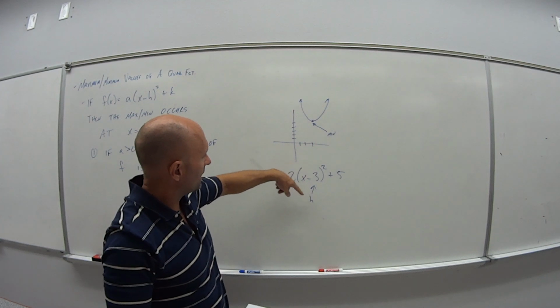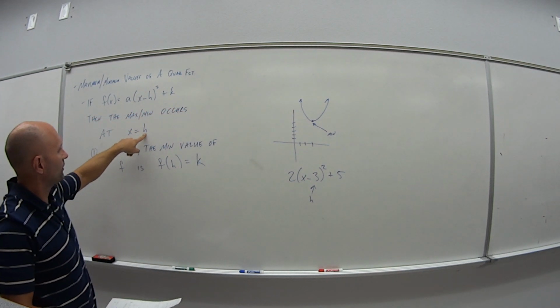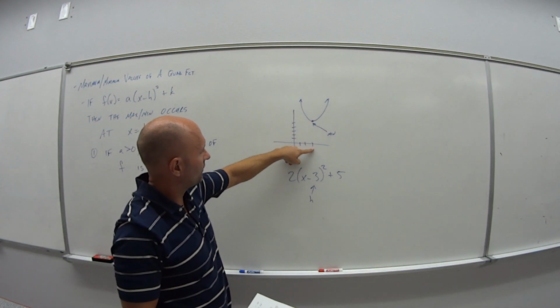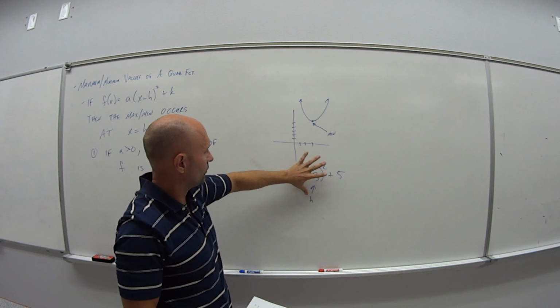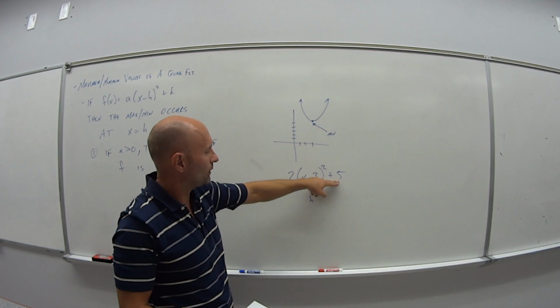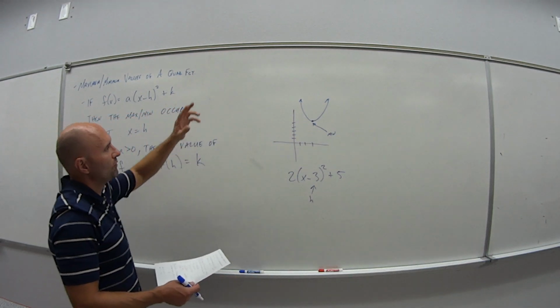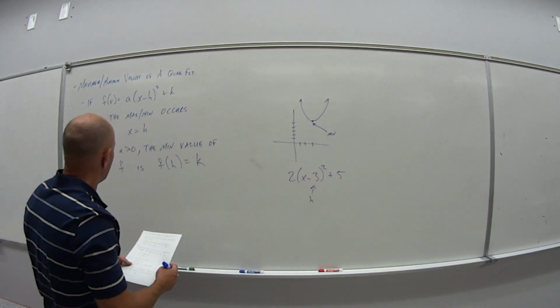I know that my max or min occurs at x equals h. If I want to know what that value is, that's when x is equal to 3. Plug that in, this becomes 0, so this whole piece is gone, and the only thing that's left is 5. So the minimum value of this entire function is 5. I'll never get a value less than that.